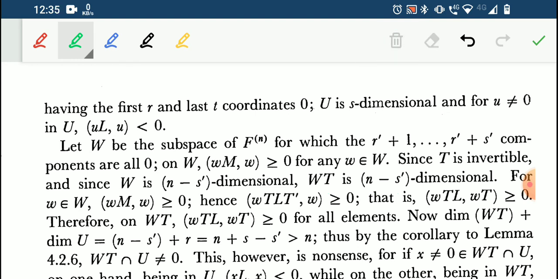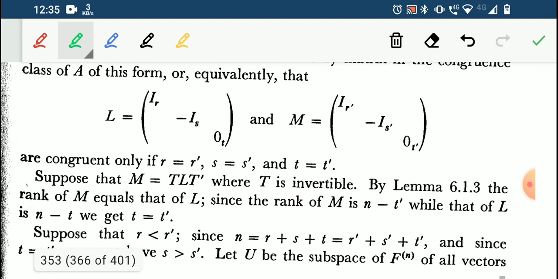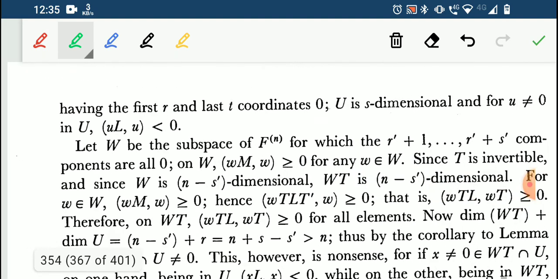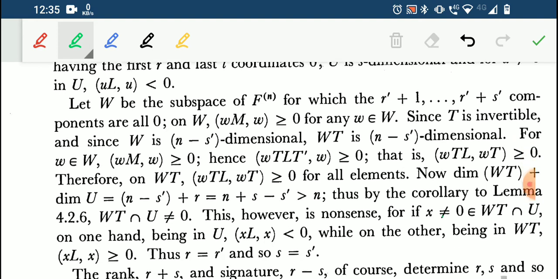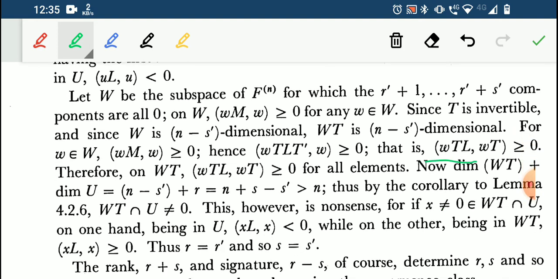Now for W belongs to W, we already had the inner product of Wm comma W greater than or equal to 0. Now I replace this m by the thing we had here, TLT'. So I took W into TLT' comma W, which is greater than or equal to 0. That is the same as the inner product of WTL comma WT.